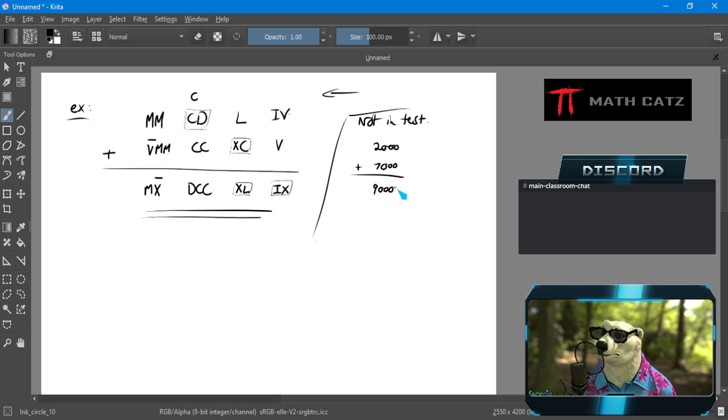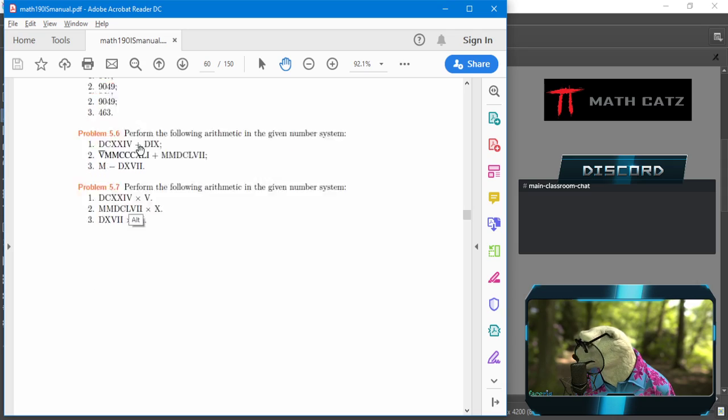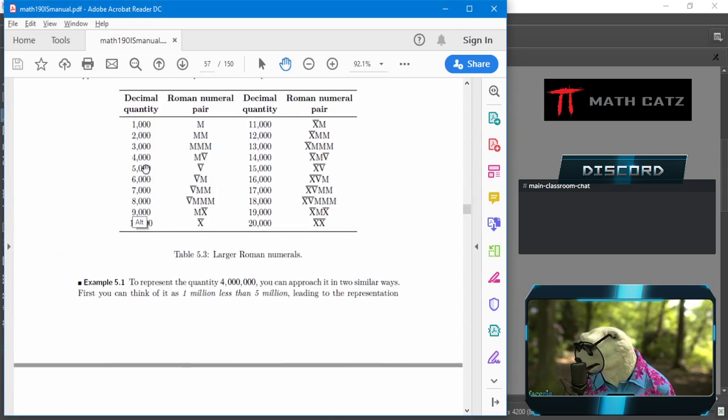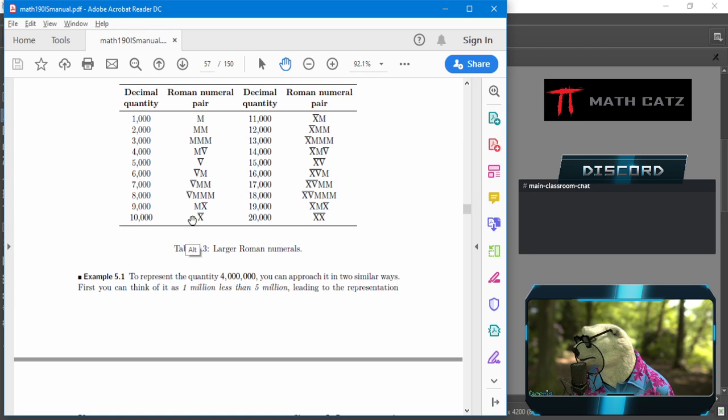But I have to convert 9,000 to its Roman number, and I will go to that place in the book. Where is the extended table of thousands? 9,000 sits over here. That's a special pair, just like 900 and 90 and 9 are special subtractive pairs.